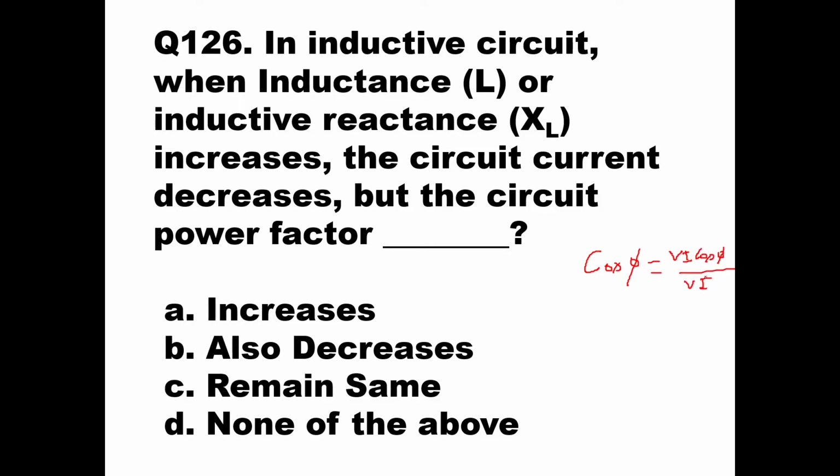So he is asking, in an inductive circuit when the inductance or inductive reactance increases, what happens to the power factor, whether it increases or decreases or remains the same or none of the above.